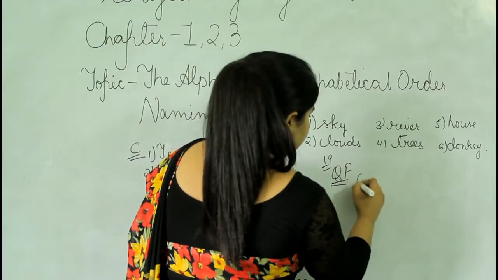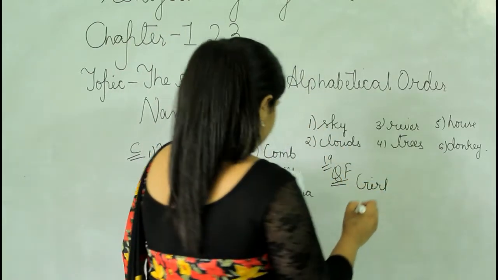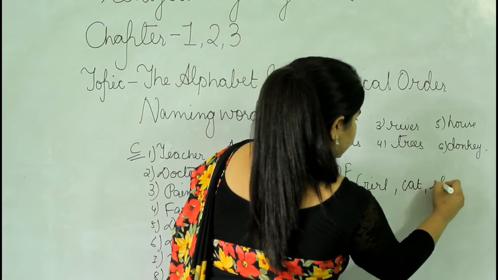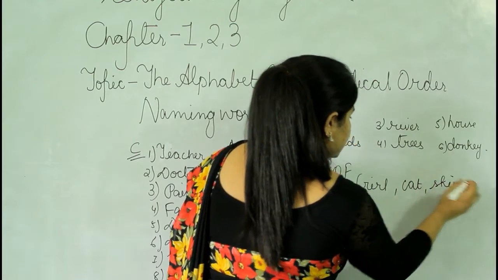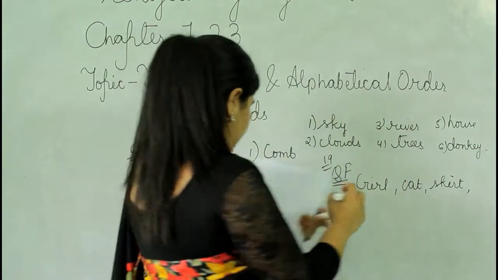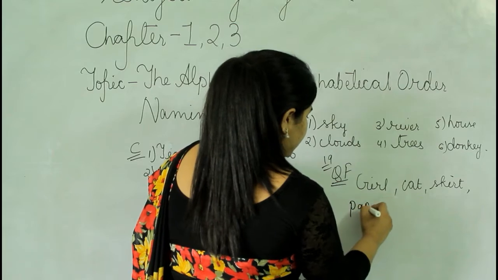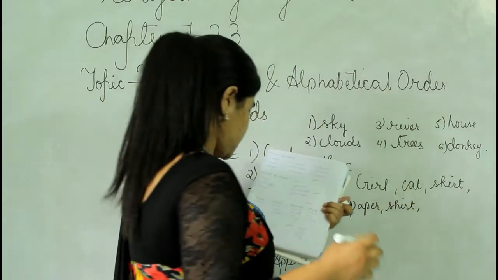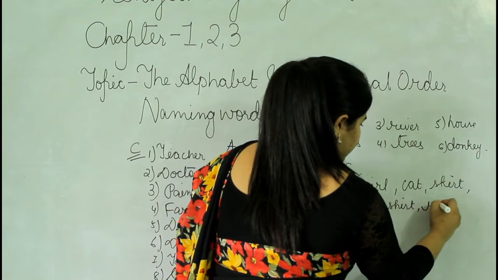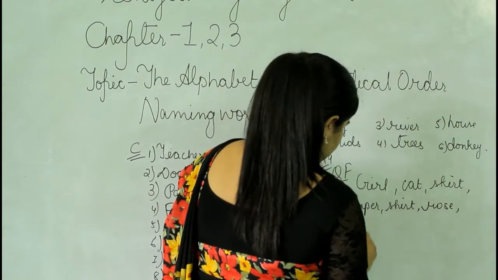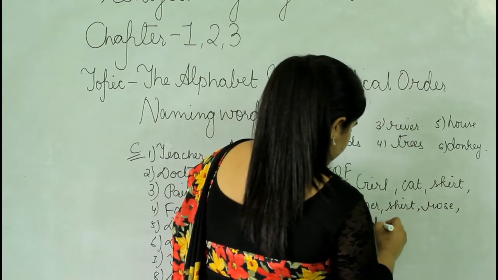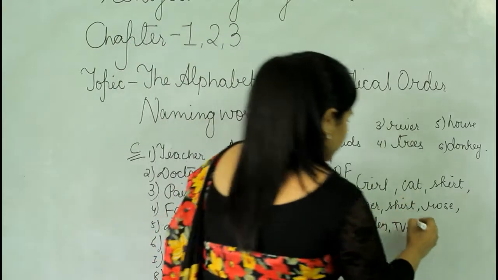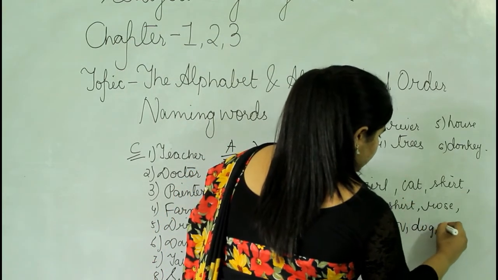So girl, circle the word girl, then cat, C-A-T, cat, then skirt, okay, circle all these words. Then paper, P-A-P-E-R, paper, then shirt, then rose, garden, then TV, okay, then dog, umbrella, okay.